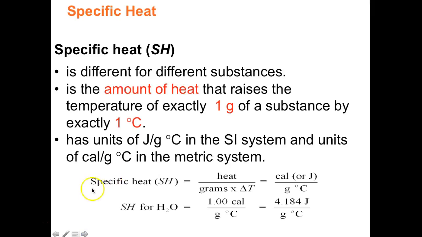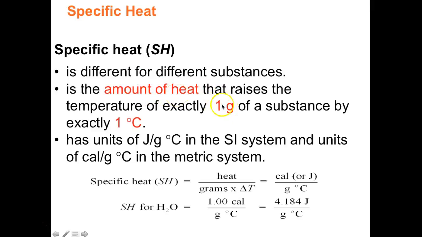So specific heat is different for different substances. As I said, for water it's pretty high, and for metals it's low. And it's defined as that amount of heat that you need.